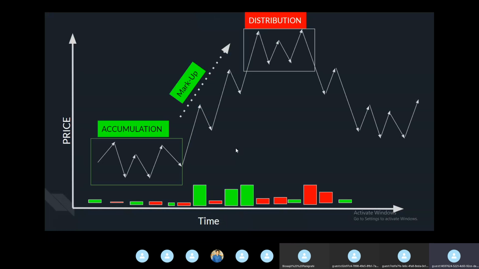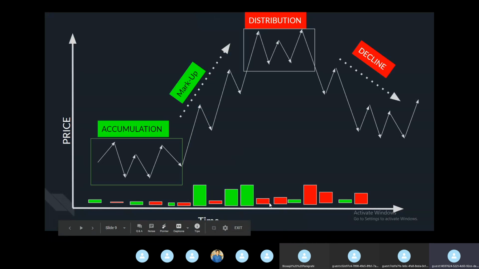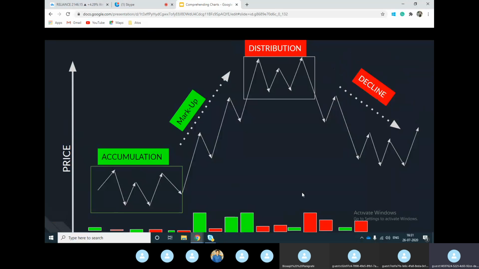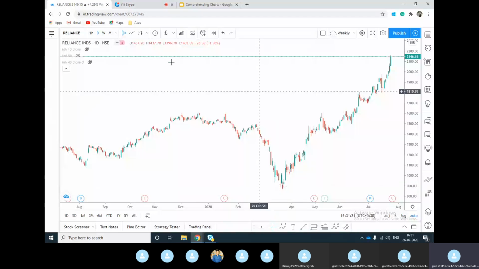Let me complete the chart. This is time, this is price, this is price with respect to time, and this is the volume. So that is what a chart will always contain: a price, a time, price with respect to the time, and a volume.